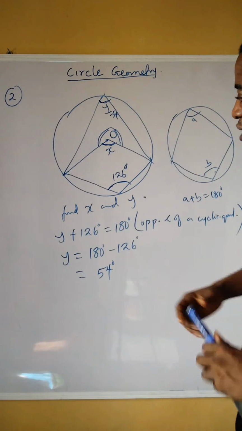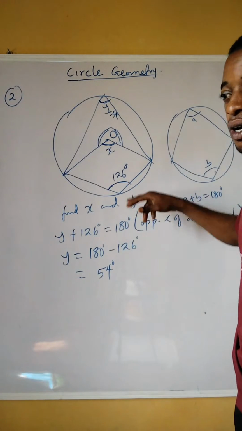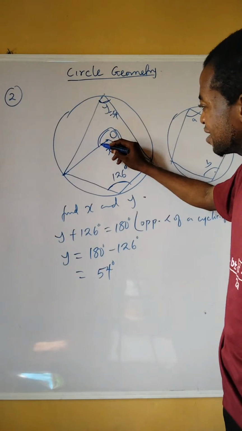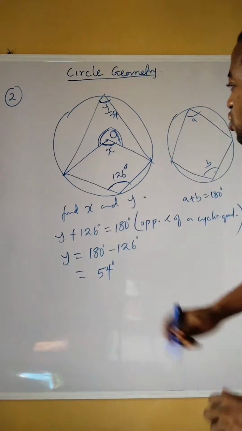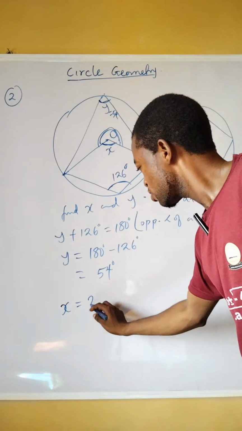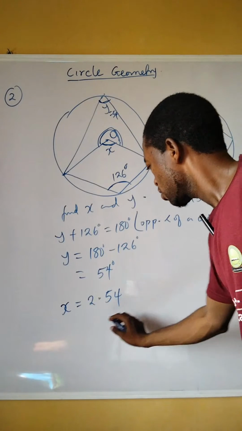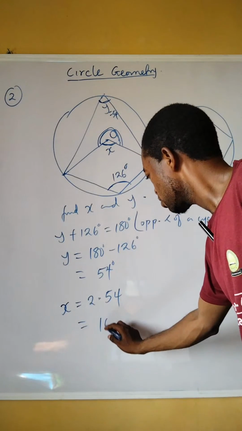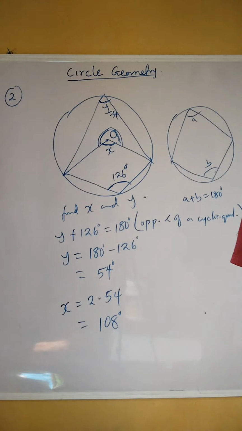But when it is formed at this other side, its angle at the center will be the reflex angle, which is the bigger one here now. Okay, so angle at center x is 2 times angle at circumference 54, which will give us 108 degrees.